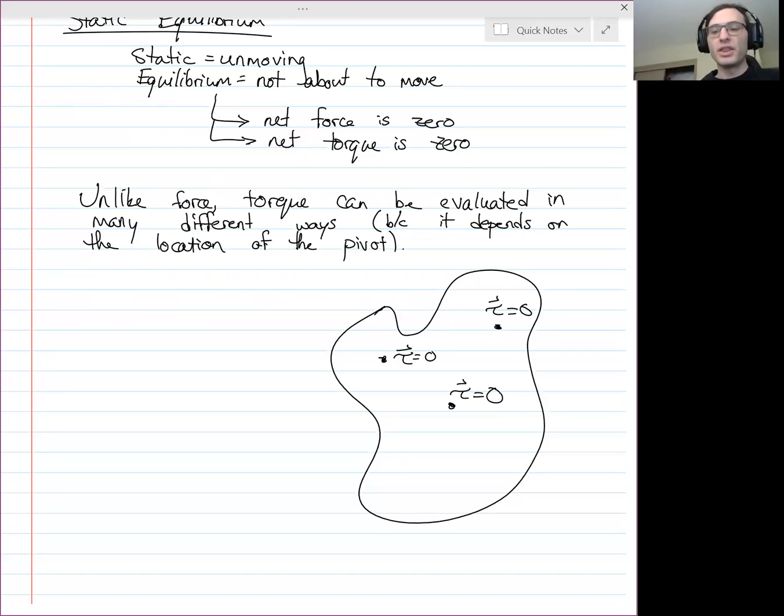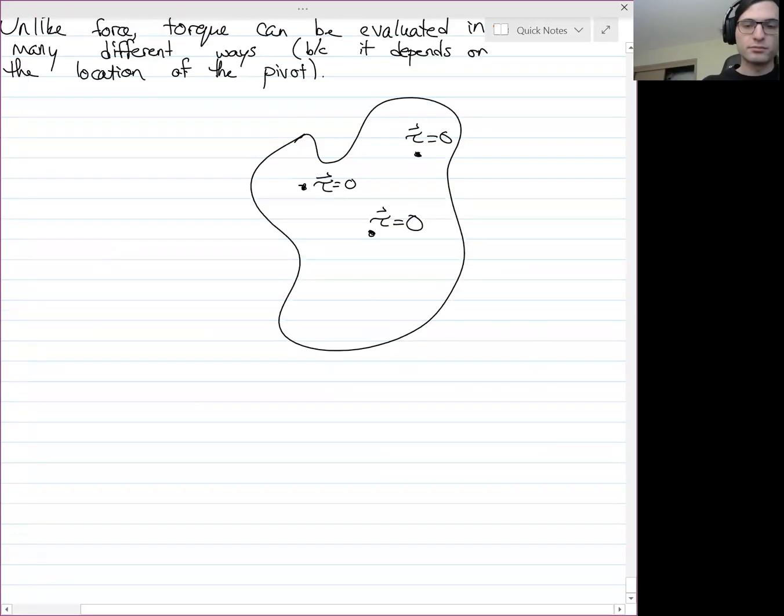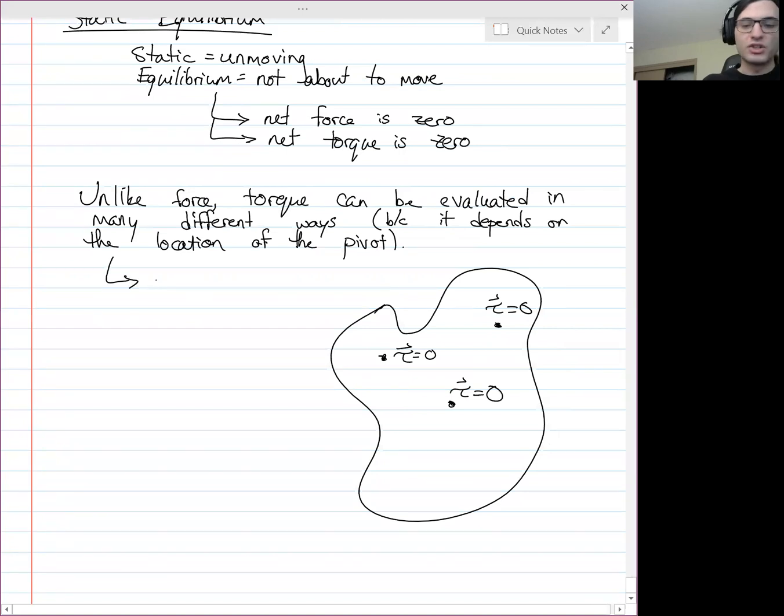So one of the benefits we get when studying static equilibrium is that because we're assuming it's not rotating, there's no torque about any pivot point. So what we do then is choose any convenient pivot point to calculate the torque.